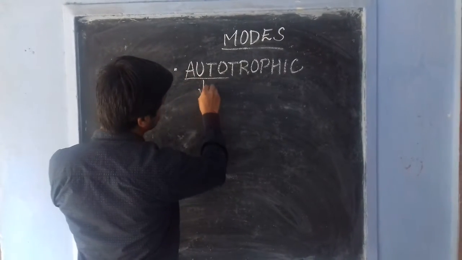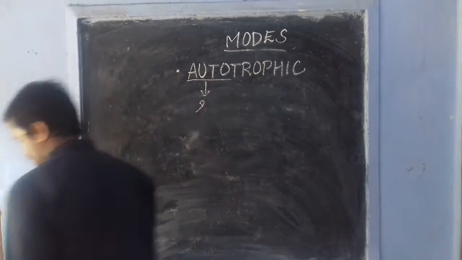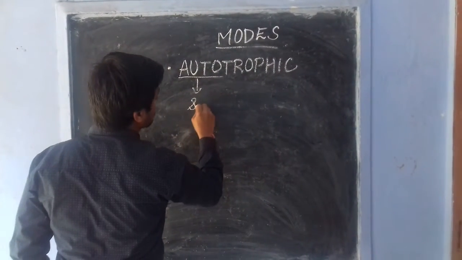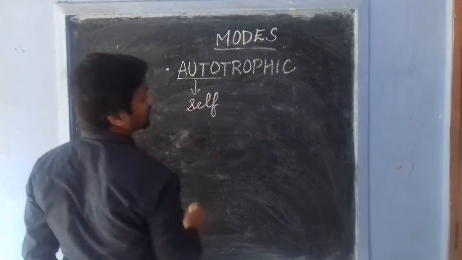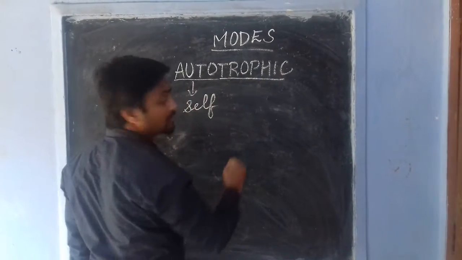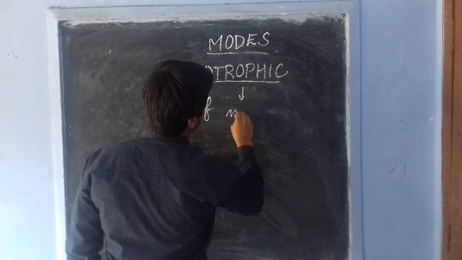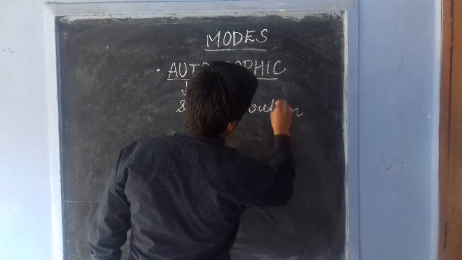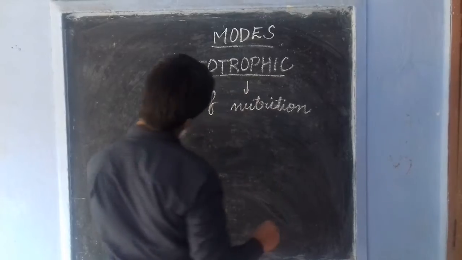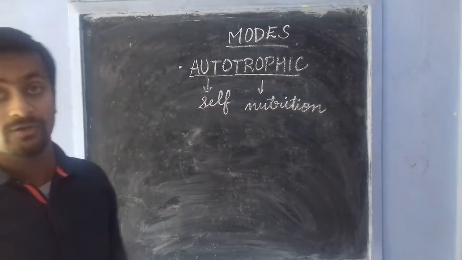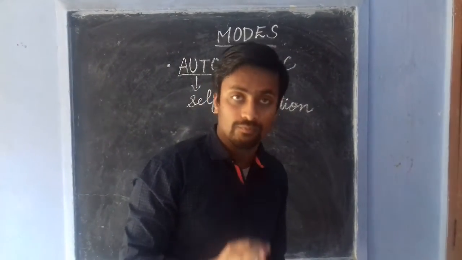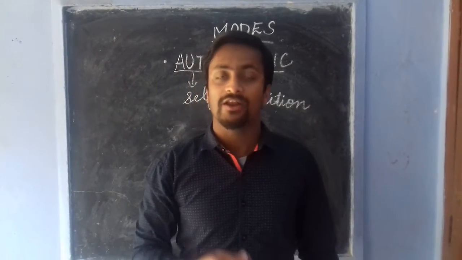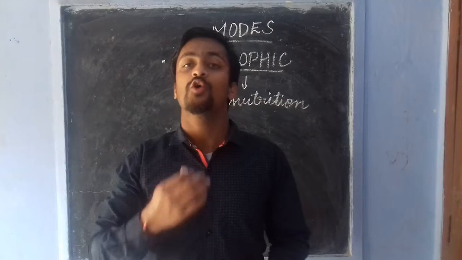Auto, which means self, while trophic means nutrition. Self-nutrition, which means the autotrophic nutrition is that mode of nutrition in which an organism can prepare its own food.